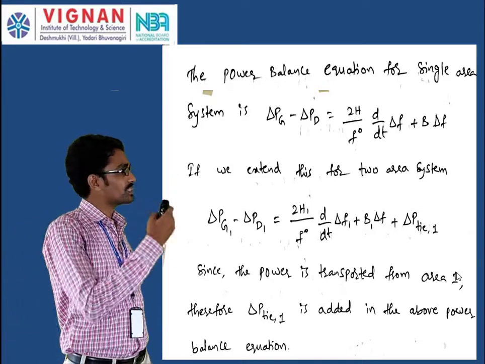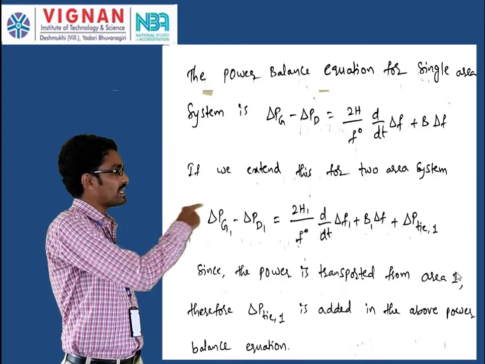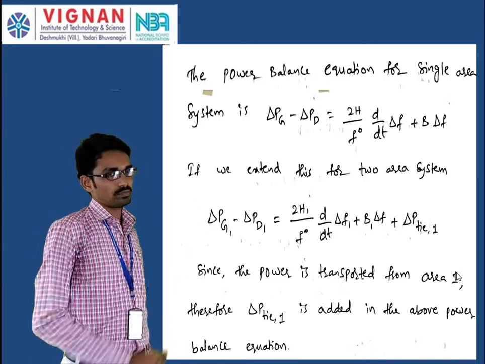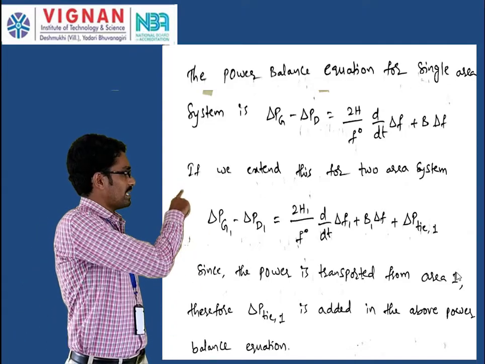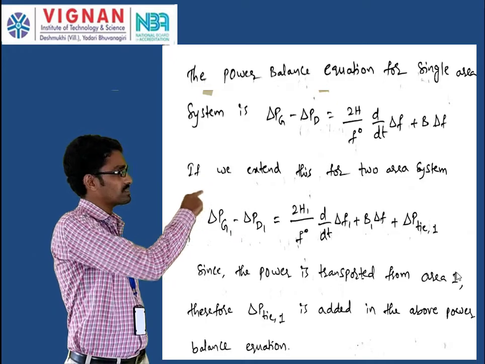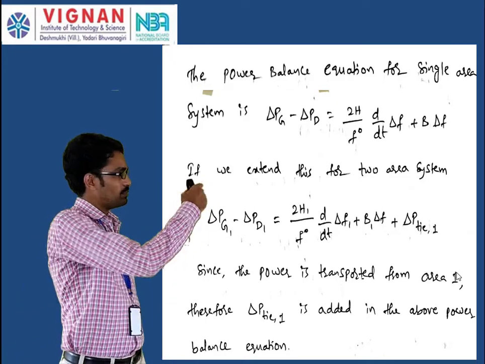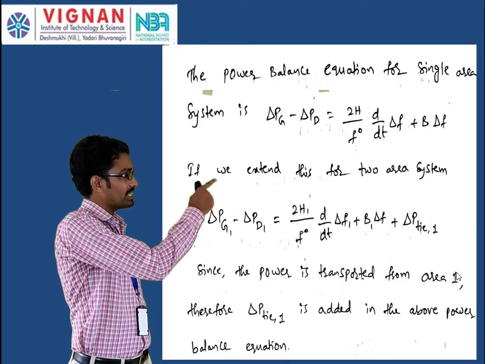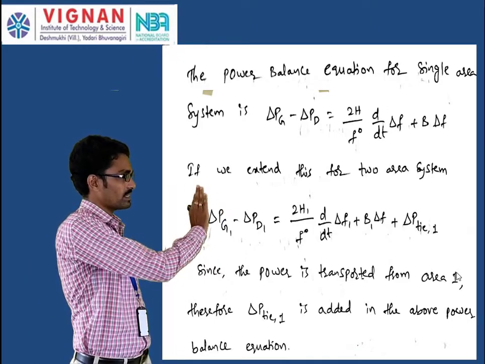But if I come to the two area system, you have a tie line power between the two areas, and you need to include the tie line power. That means delta Pg1 minus delta Pd1 is equal to 2H1 by F naught d by dt into delta F1 plus B1 delta F1, up to here it is the single area system.